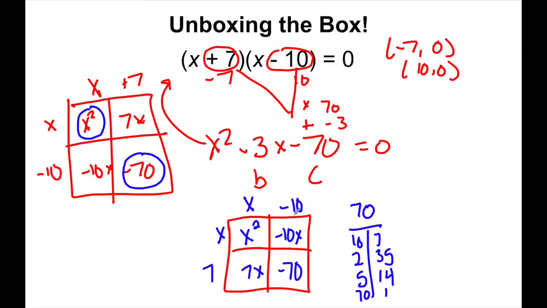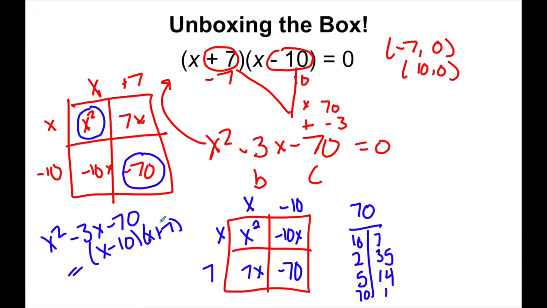And when I do it out, I get -3, which tells me that x squared minus 3x minus 70 is the same thing as x minus 10 times x plus 7, which means whatever makes the standard form 0 has to also make the intercept form 0, because they're equivalent, right?